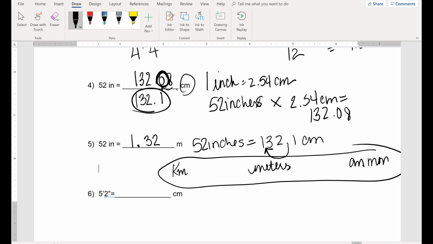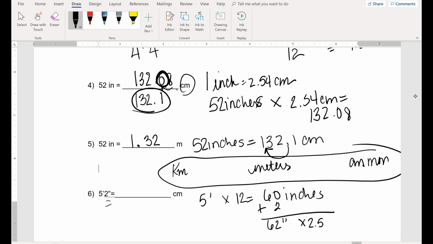Okay. Now, if we have a patient who's 5'2", okay, so we have to take our 5 feet times 12 inches, right? And that's 60 inches. We add another 2 from this 2 here. This is where a lot of people go astray. Okay. We get 62 inches.